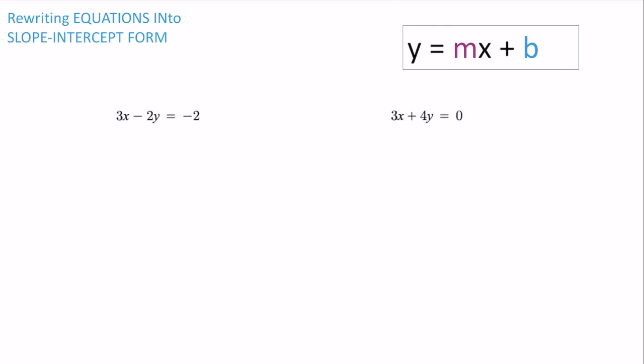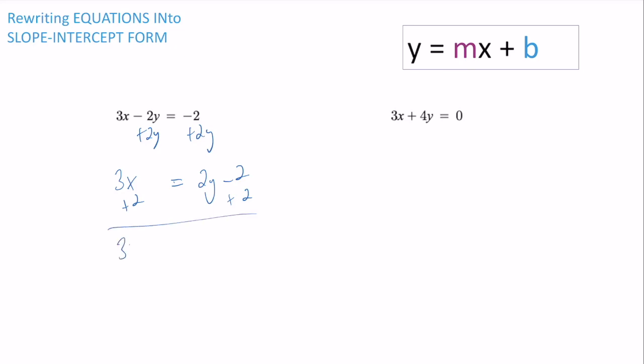Okay, 2 more. Again, since the y term here is negative, I'm going to add the y term to both sides. So I'll get 3x equals 2y minus 2. And I want just the y term, so I'm going to add 2 to get rid of that.